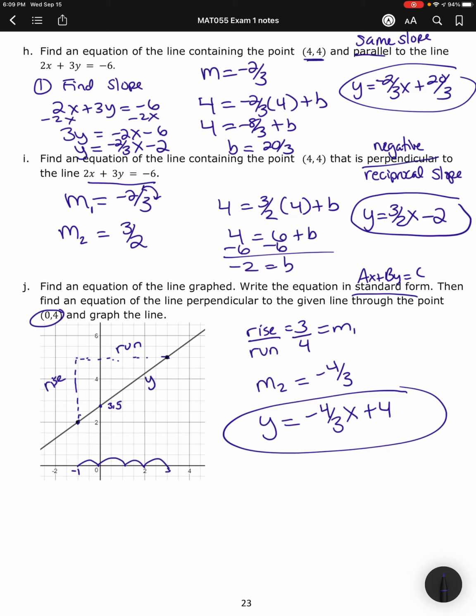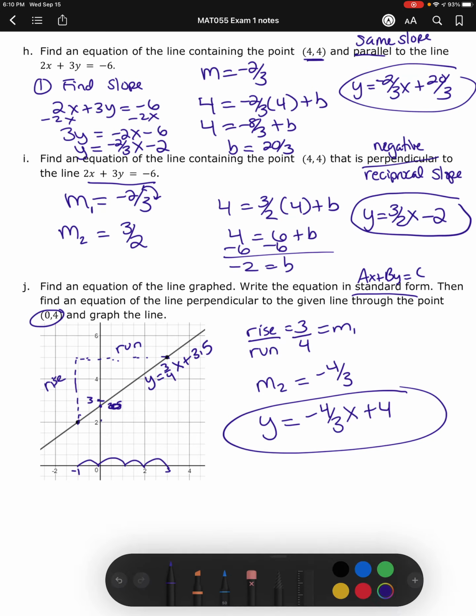And then the equation of the line graphed is y equals positive 3/4 x plus 3.5. Oh wait, that's not 3.5 because this is 3, so this is 2.75.